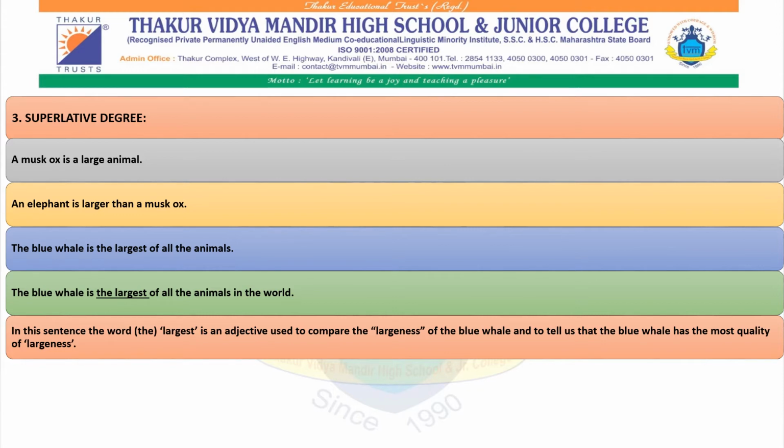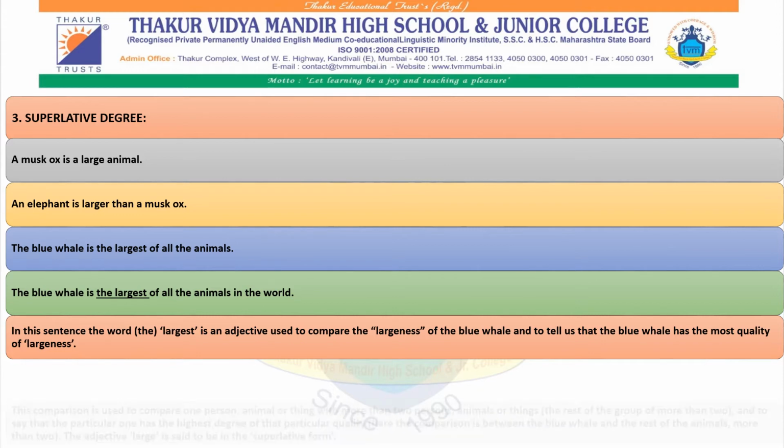Third sentence, we came to know about blue whale, which is the largest of all the other animals in the world. So third and fourth sentences are the same, the meaning is the same. So the quality of largeness is to the maximum, that is the most, and that is why it will be in the superlative degree.